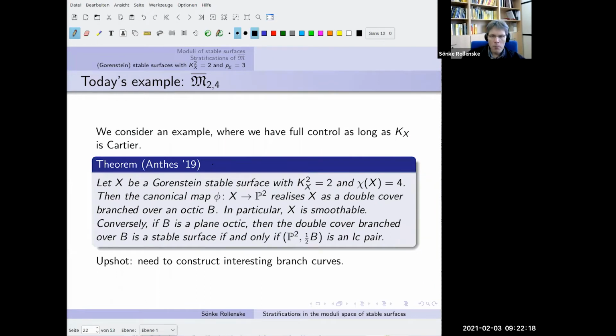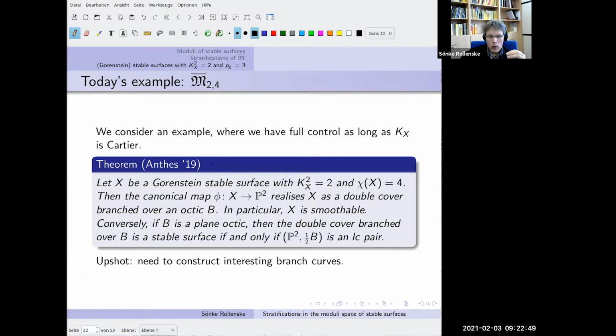We look at M bar 24, and for now I just start with the Gorenstein part. Colleen pointed out that I should have mentioned Matt Kerr and Greg Pearlstein for the possible degeneration. Sorry.